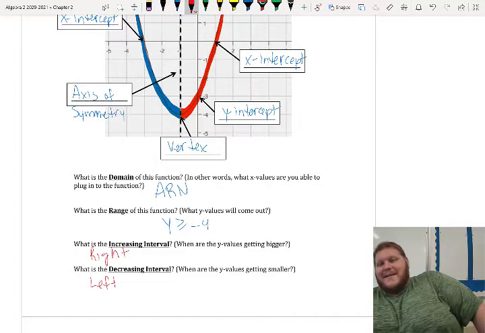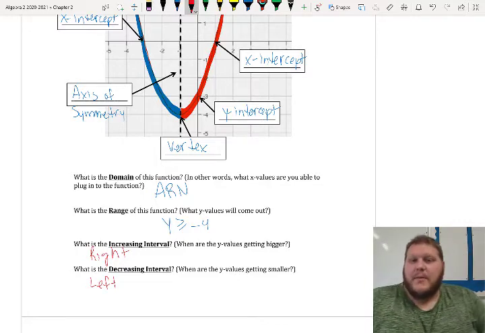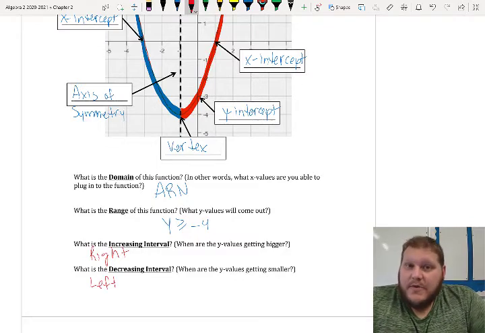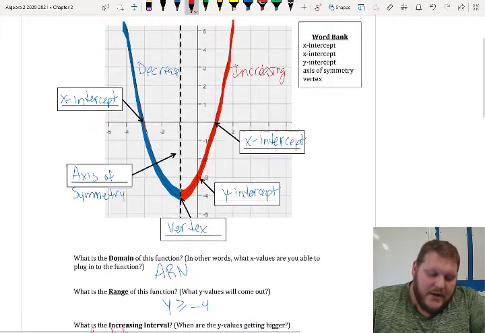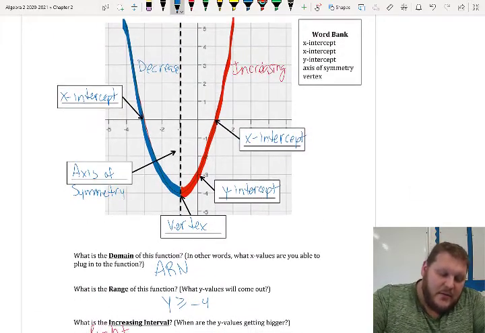Now the way that we write these, we have to describe it using some actual mathematical terms, not just left side, right side. We have to know what x values I have so that my outputs are increasing or decreasing. So you kind of have to imagine this as a number line.